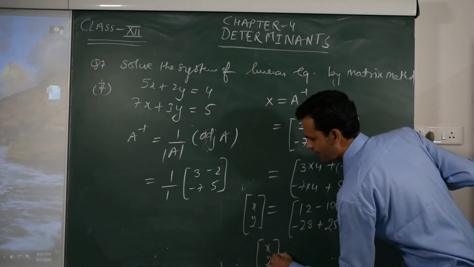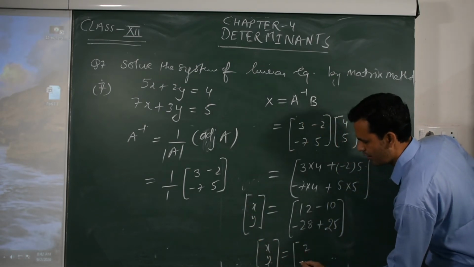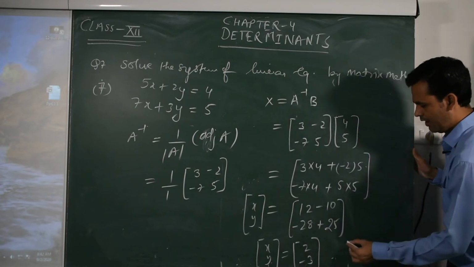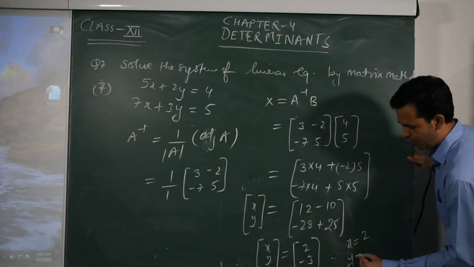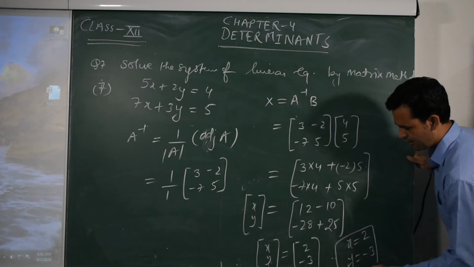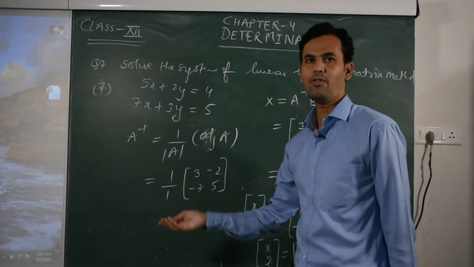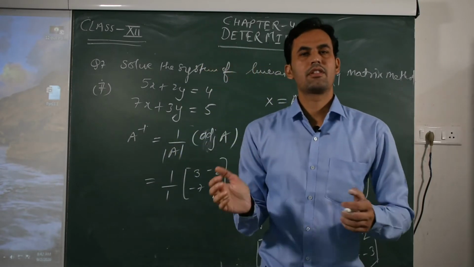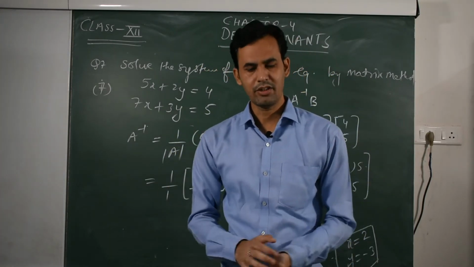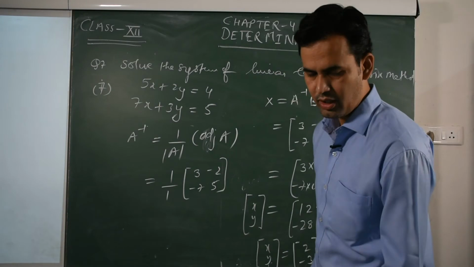So x, y equals 2 and minus 3. So the value of x is 2 and the value of y is minus 3. These are the two values of x and y. So by this method we can easily solve the system of linear equations by matrix method. Now we take a 3 by 3 example.